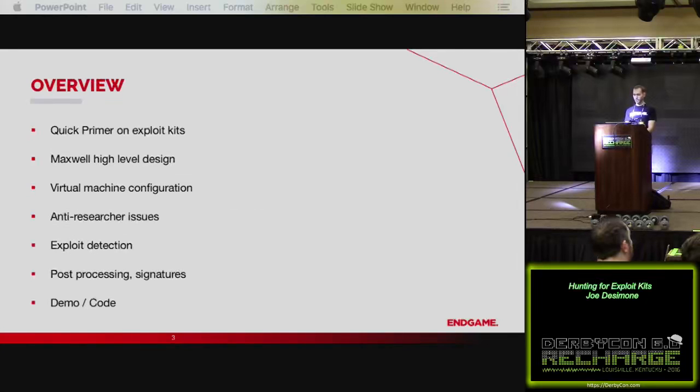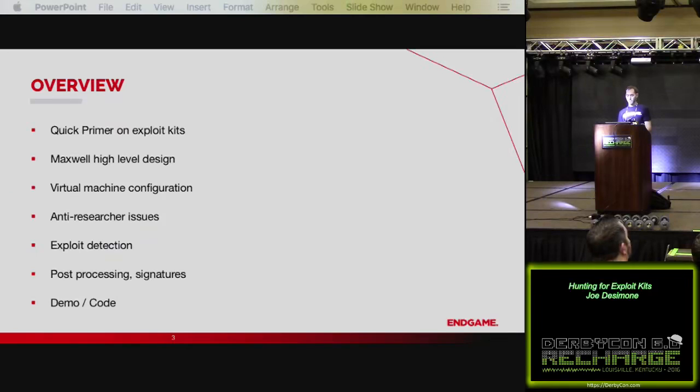All right, so this is the overview, and this talk is broken down into these sections. First, a quick primer on exploit kits. It's going to be pretty high level because there are a lot of other really good talks out there that get really into the weeds. But we'll jump right into Maxwell, a tool that we're releasing today, which is designed to crawl through websites and report on exploit kit and watering hole activity.